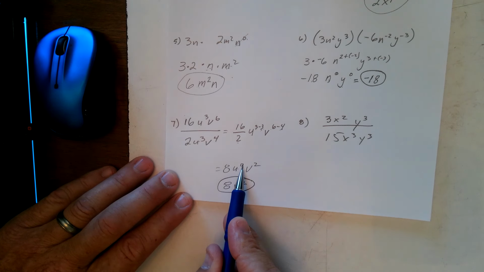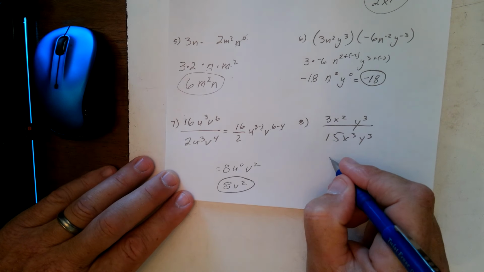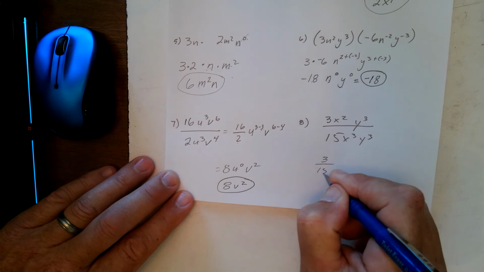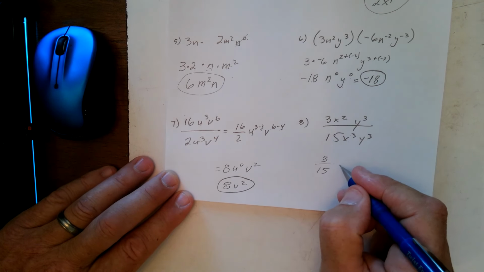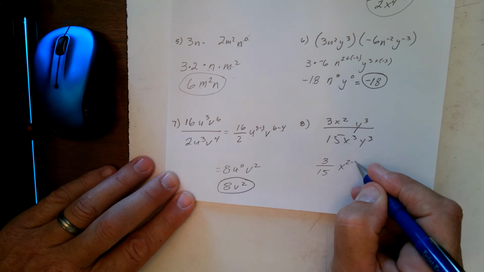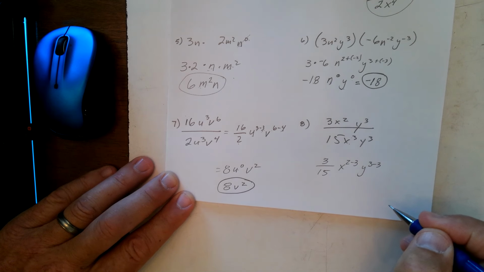u to the 0, anything to the 0 power becomes 1. Next, 3 divided by 15. x to the 2, we're dividing, so we subtract the exponents: x to the 2 minus 3, y to the 3 minus 3.